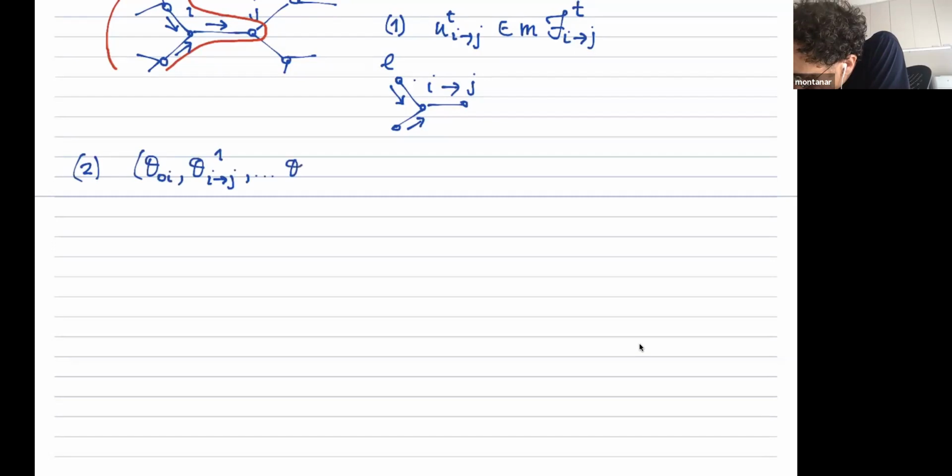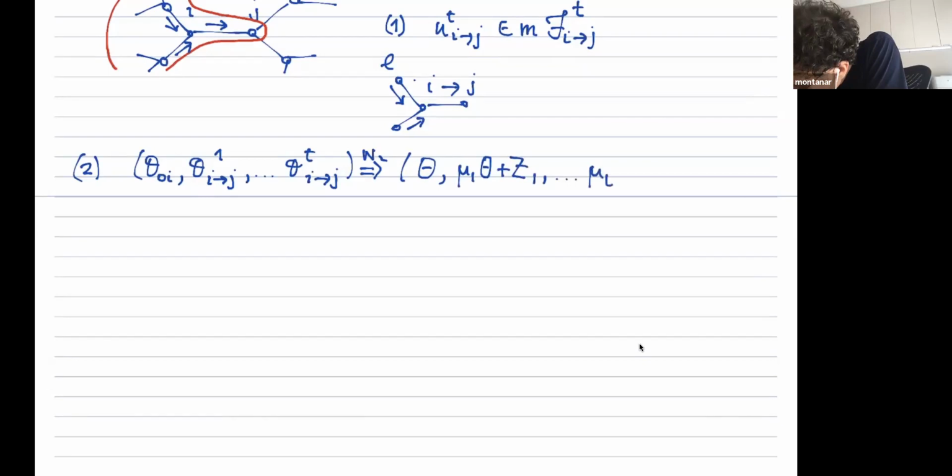So if I look at these messages for t iterations, this converges in distribution to, okay, so I should write... Because you are summing many independent contributions, you can apply the CLT, and it turns out that you get a limit theorem for the distribution of these messages.